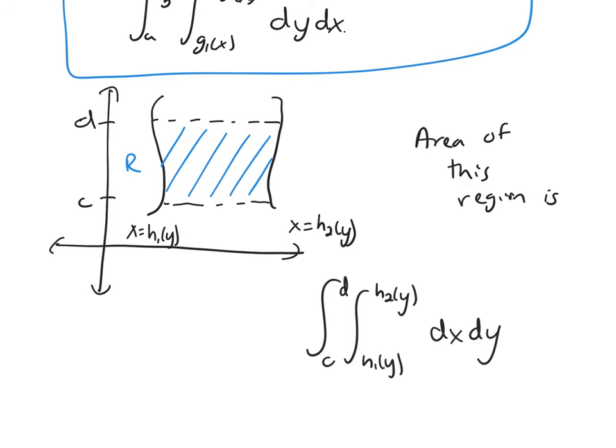So the order here will have flipped. You're going to integrate with respect to x first, and then with respect to y. But you could find the area using that formula.